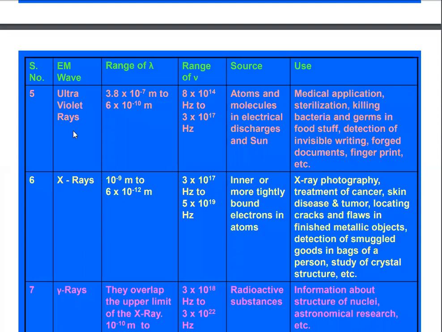So it has a higher frequency than all we have discussed so far, and higher frequency radiation is harmful to life. The source of ultraviolet radiation is atoms and molecules in electrical discharge and the sun.